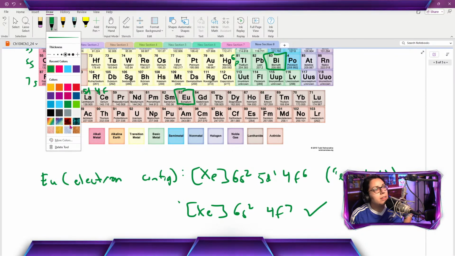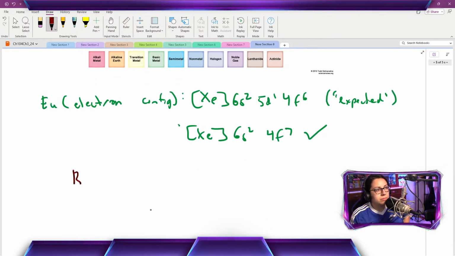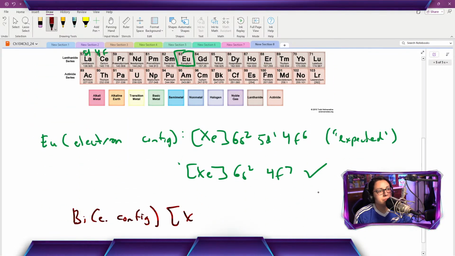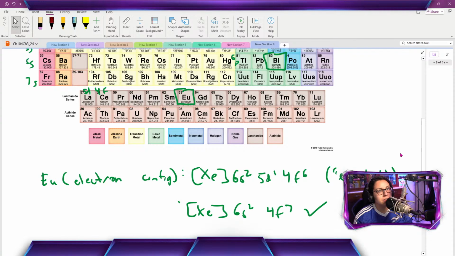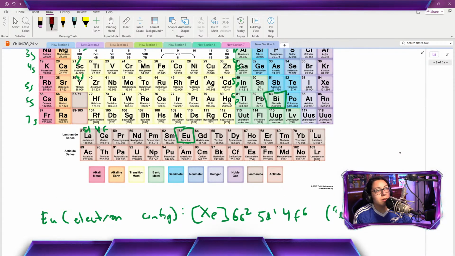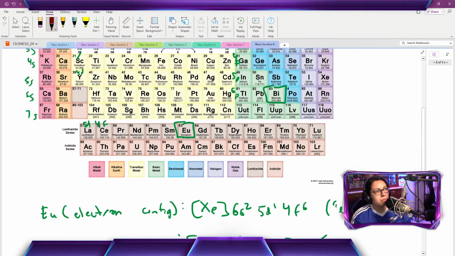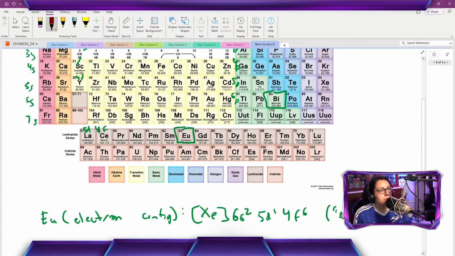And let's try our bismuth one then. And let's see. So again, previous noble gas. So we still have to start with xenon again. So now we're at xenon. So filling it up in order. So 55, 56. So 6s2. And then, okay, well, now I need to go through all.